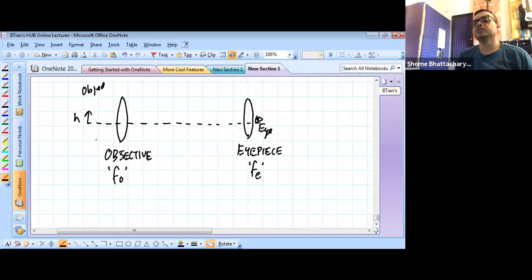The height of the object is h. Again, if we keep this at a distance x1, let's say over here. Now x1 happens to be greater than the focal length of the objective. So the objective actually creates a real image of this, somewhere over here, let's say.